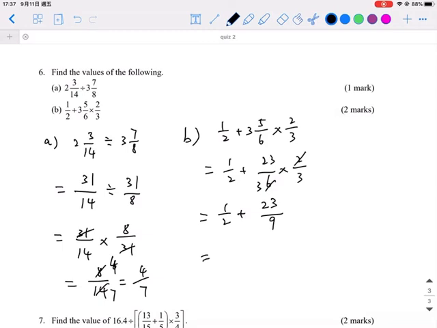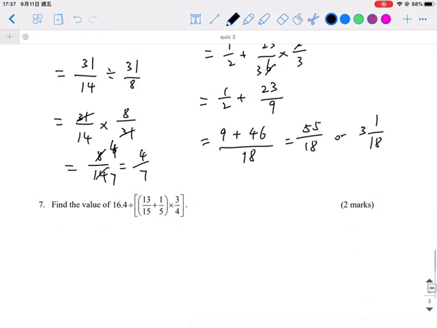Okay, so I have a common multiple, which is 18, so therefore it is 9 plus 46. The answer is 55 over 18. You can express the answer as an improper fraction, or you can change it to a mixed fraction also. That means the answer is 3 and 1 over 18.